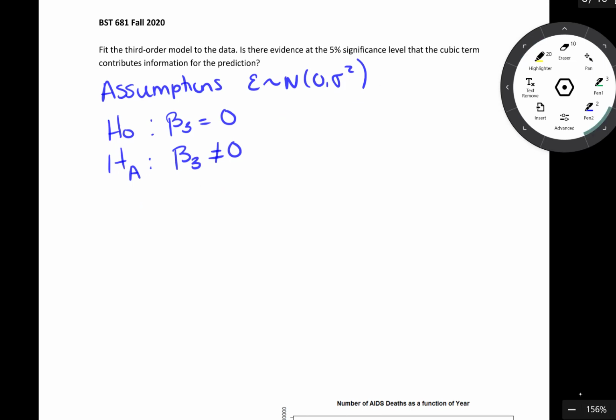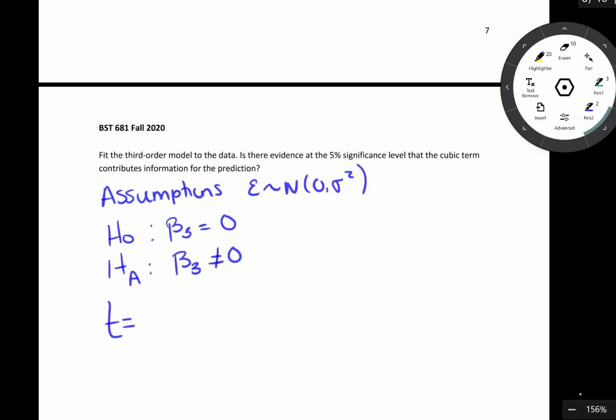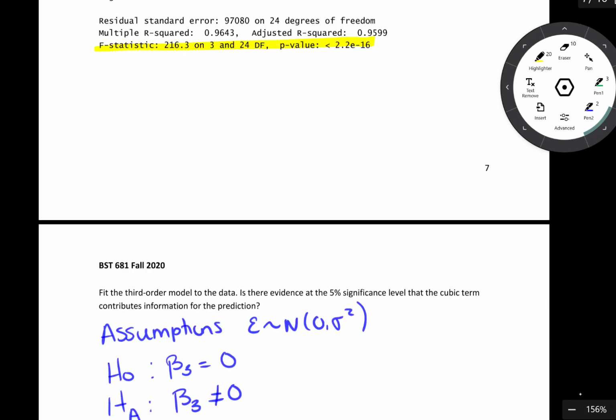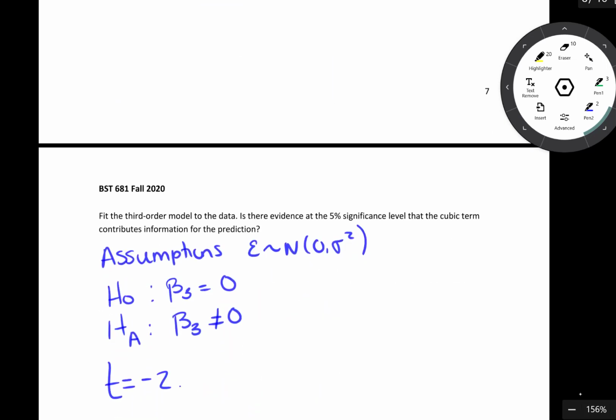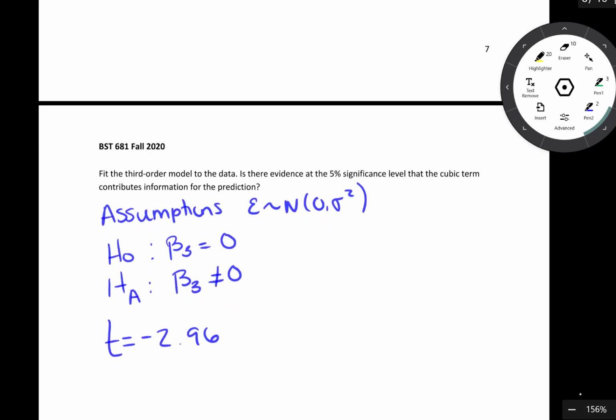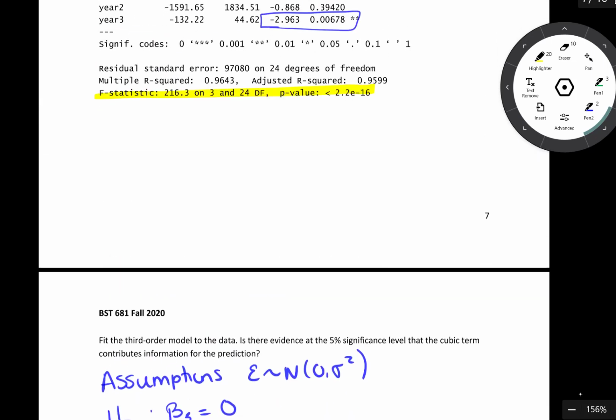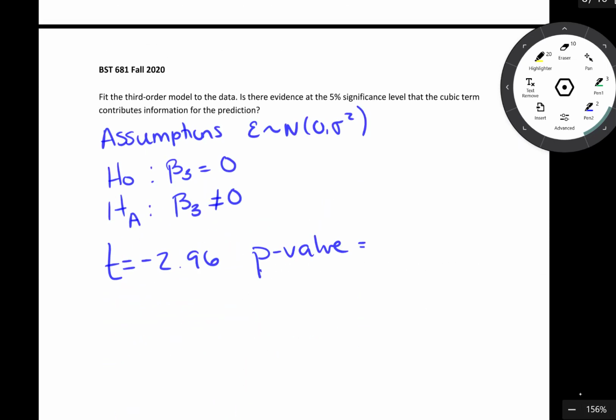All right, so testing for beta 3. The first thing we need to do is find our test statistic, which is going to be a t test statistic, and notice that that information is given right here. So we have negative 2.96. And for our p-value, we have 0.007.